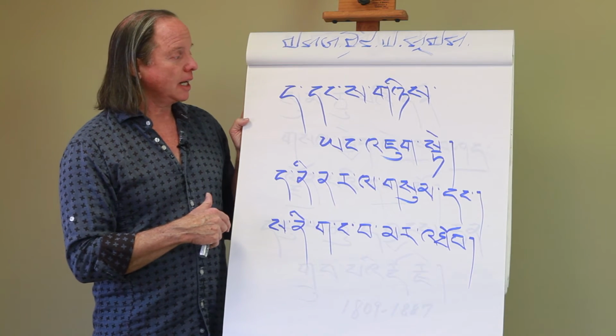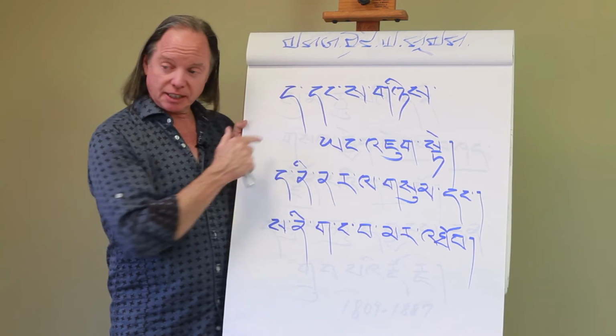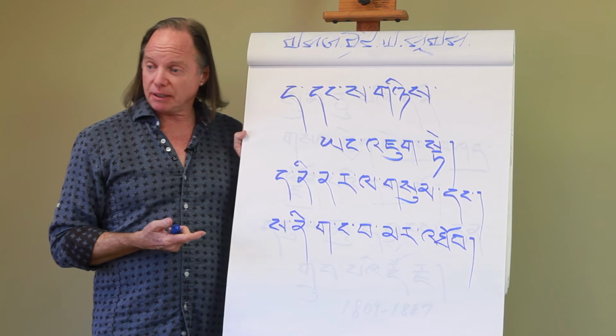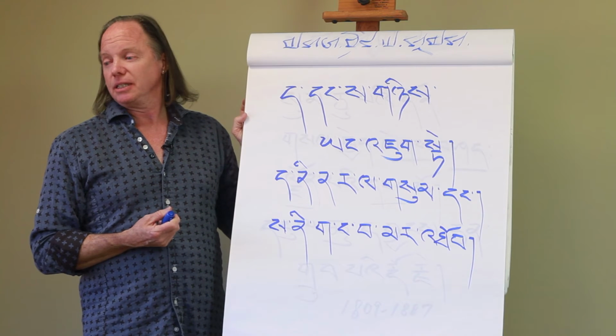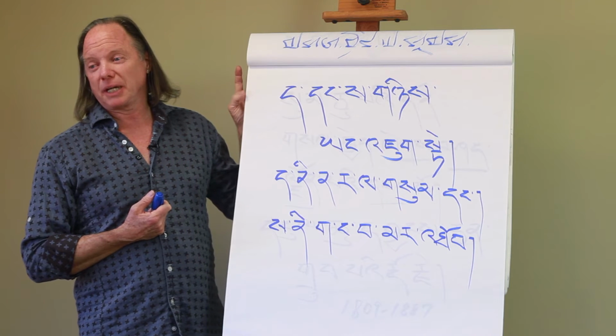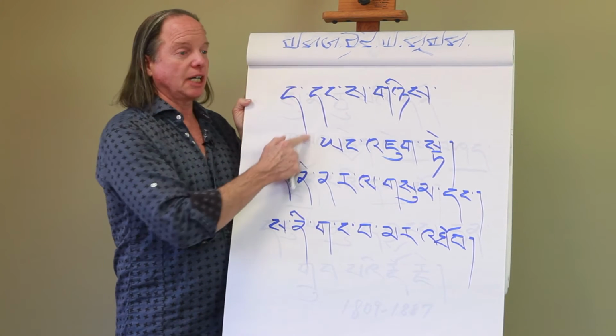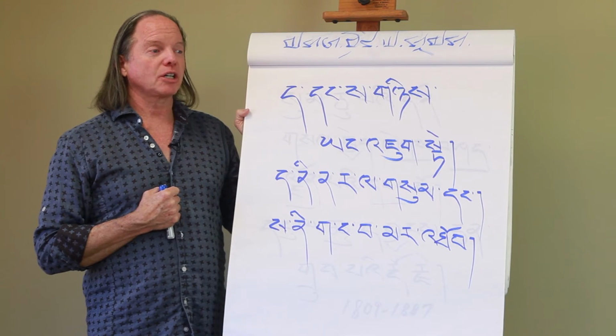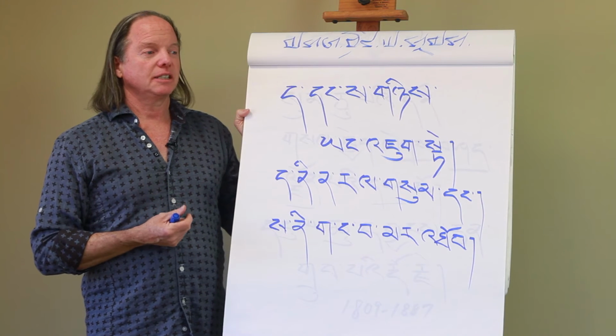Now, ta as a secondary suffix letter has dropped out of the written language, okay? Except in lists of verbs or very old manuscripts, you'll never see da written or carved as a secondary suffix letter. But we know that it was there because of its effect on particles which come after it, which are only allowed to come after da, okay? So we know it used to be there, all right?